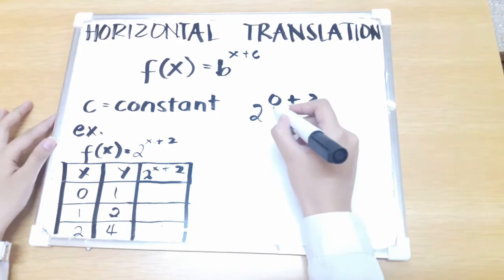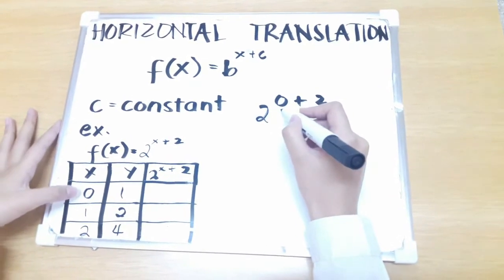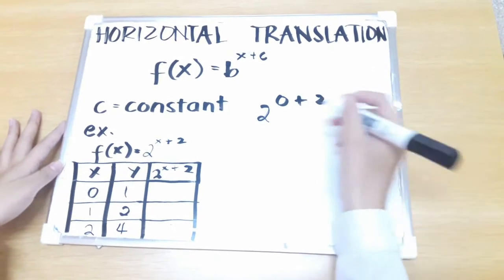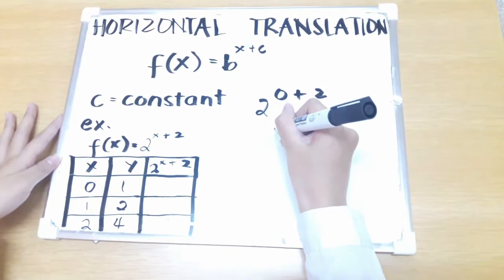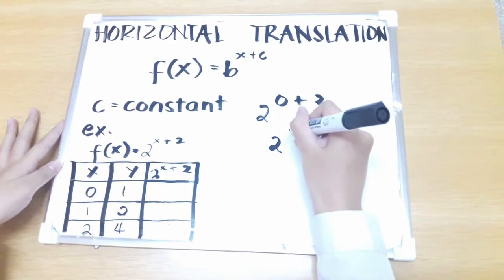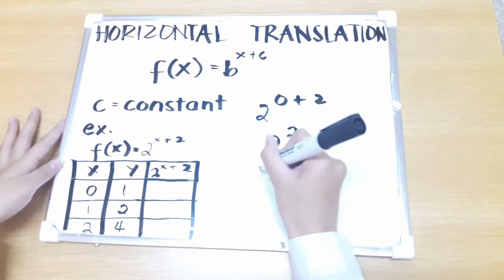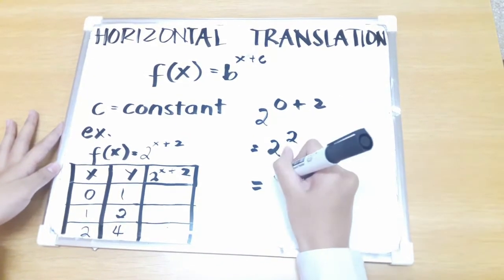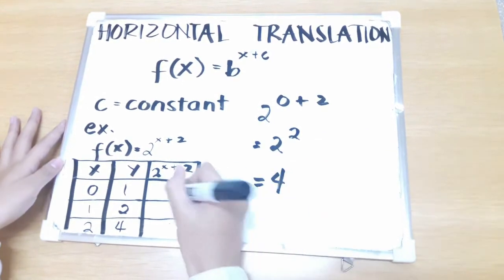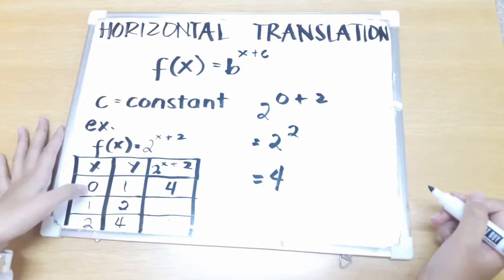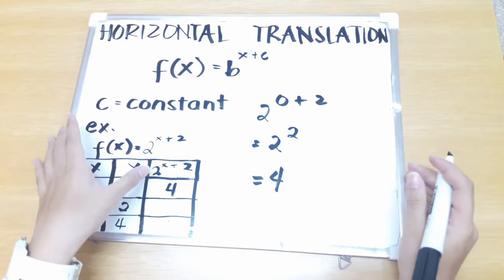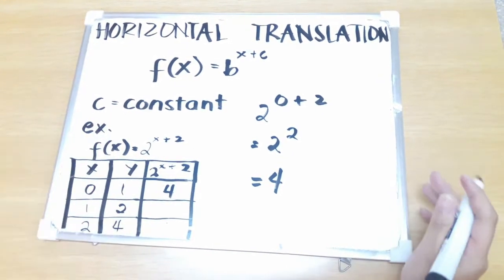As you can see, I have already substituted x with the first value, which is 0. Now let's solve for the value. 2 raised to 0 plus 2 would be 2 raised to 2. 2 raised to 2 would be equal to 4. That will be the first value for x plus 2.